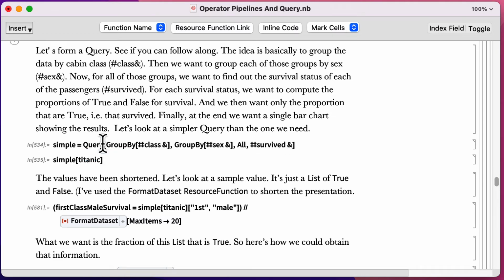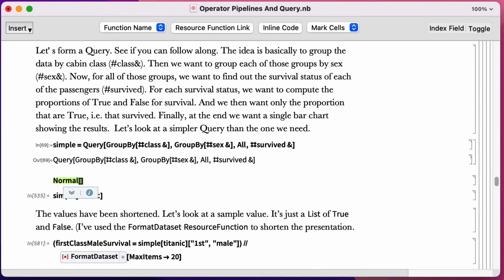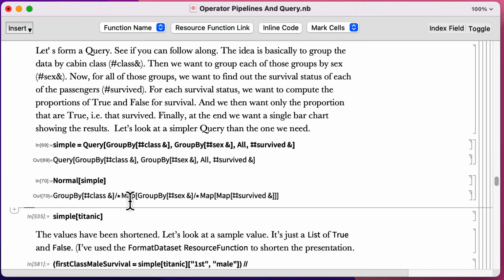Okay? And so that's our simple query. If you're curious about the order of operations, first we group by class, then for each class we group by sex, and then for each class and sex we get whether the passenger survived or not.